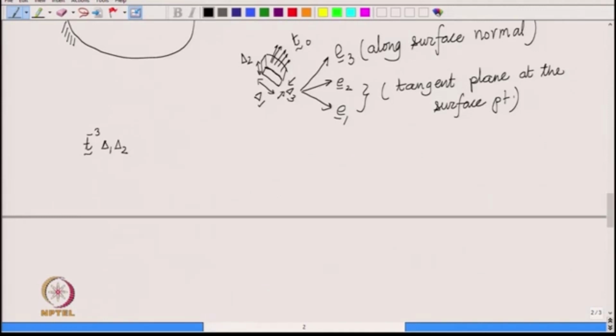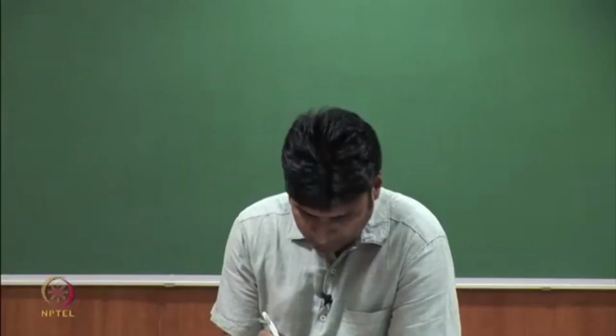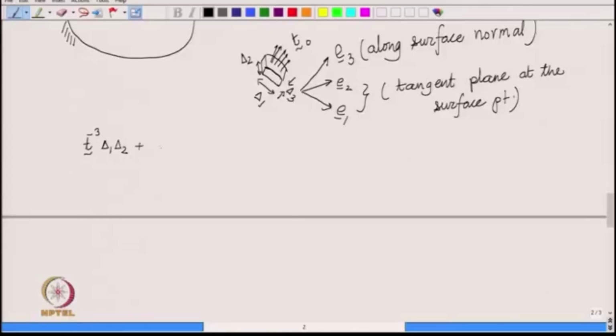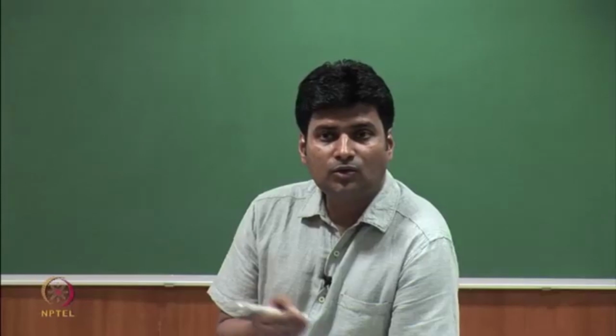Then we have T 2 and T minus 2 acting on the E 2 and minus E 2 planes. So, we have plus T 2 plus T minus 2, and what is the area of plus E 2 and minus E 2 planes? That is delta 1 into delta 3.